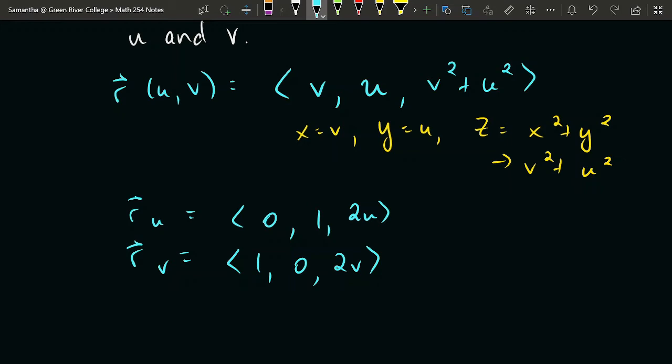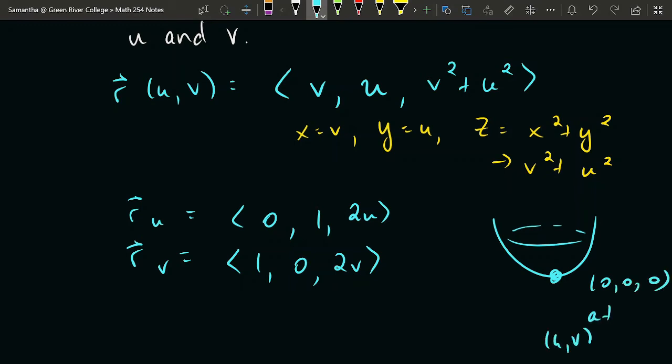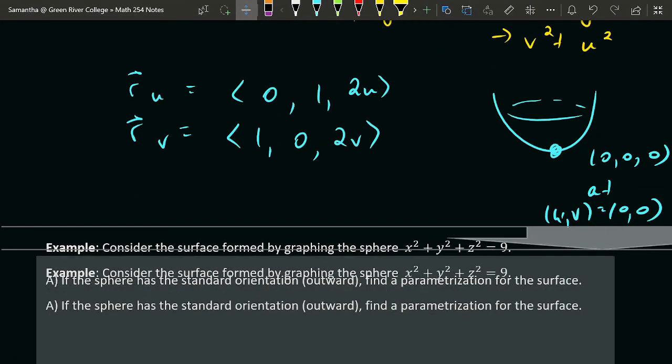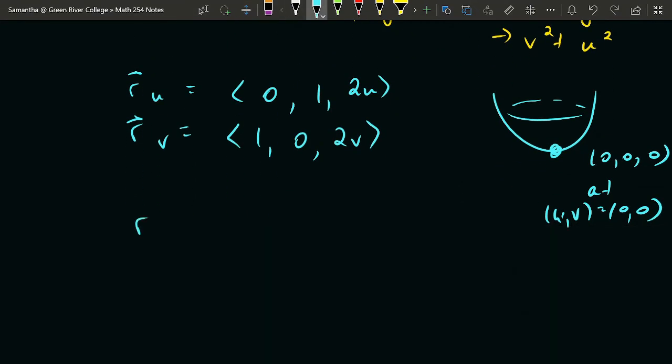Now if I once again consider the location on the paraboloid down here at the bottom, this location that corresponds to u and v of 0, 0, then the partial derivatives will become r sub u is equal to 0, 1, 0, and r sub v this time is equal to 1, 0, 0.